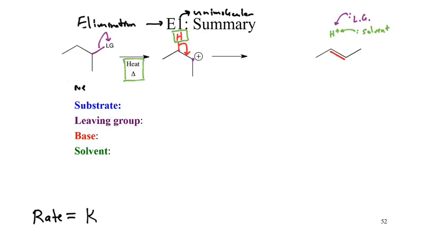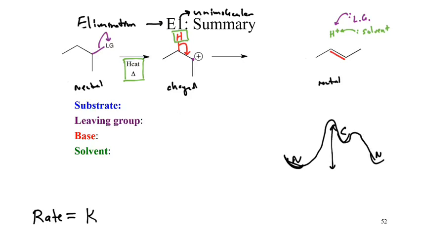We start neutral to become charged to become neutral. If we were thinking about an energy diagram, we've got neutral, charged is higher, and then neutral. Which of those is likely to have the highest activation energy? Probably the first step.